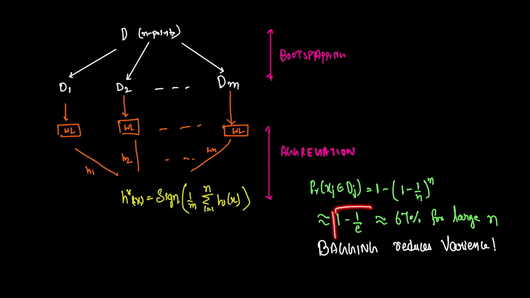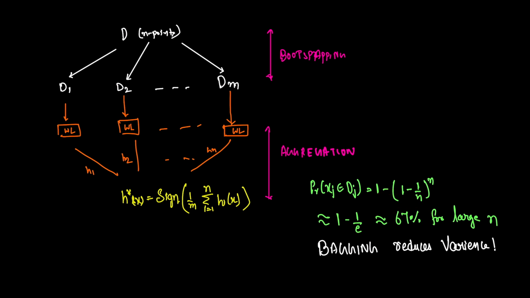That is approximately 1 minus 1 by e, which is approximately 67% for a large n. If our n is large, then this quantity is approximately 67%.